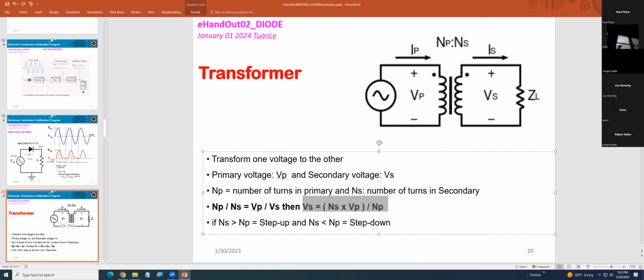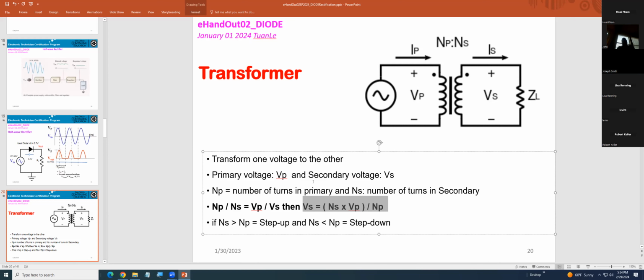Okay. The only thing is, when you're looking at the schematic, you recognize it as a transformer. Transformer means transform one voltage to the other. Okay? And what is the NP? What is the NS?